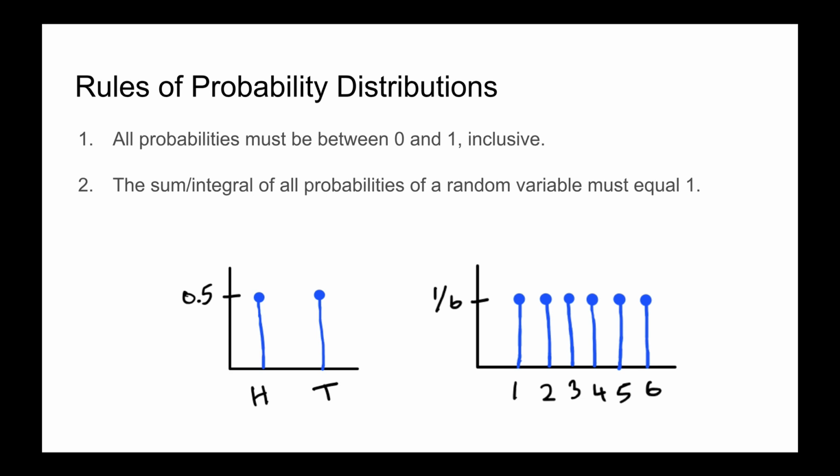You can see for the dice toss, 1/6 plus 1/6 plus 1/6 plus 1/6 plus 1/6 plus 1/6. That's 6/6, in other words, 1. So these are actually probability distributions because all the probabilities are between 0 and 1, and they sum up to 1. If we had a continuous distribution, we would use the integral.